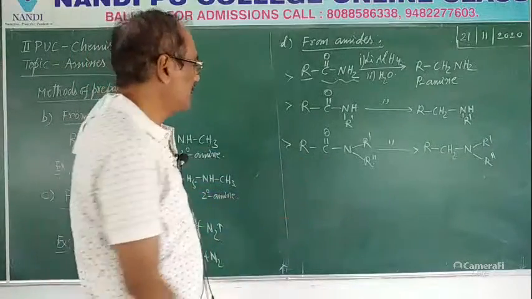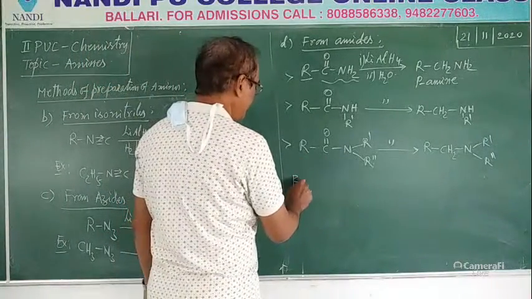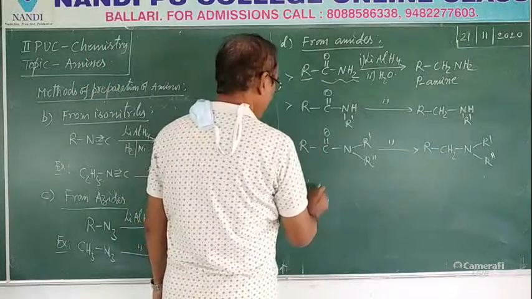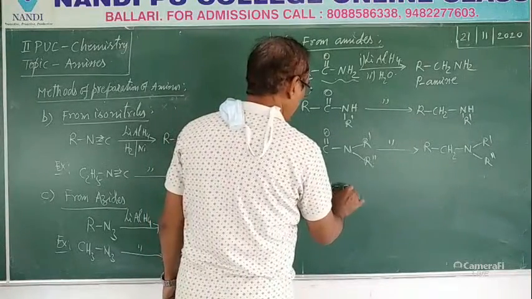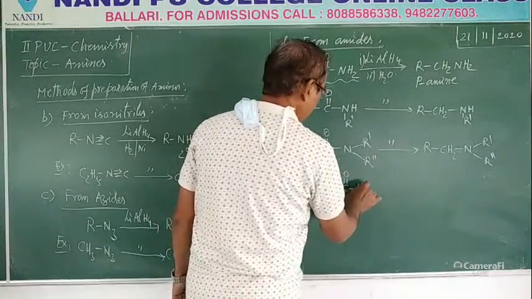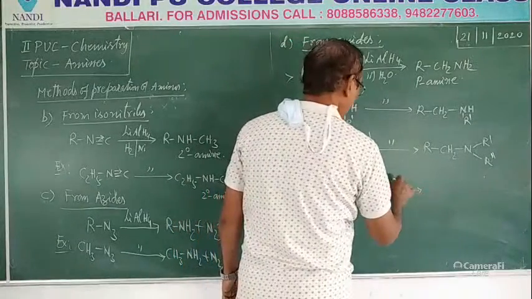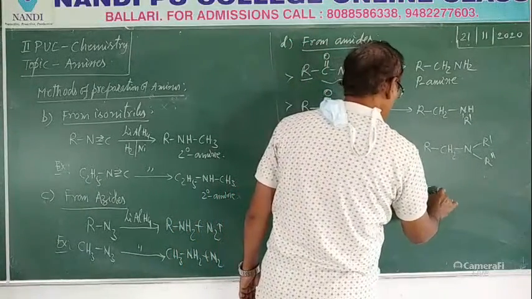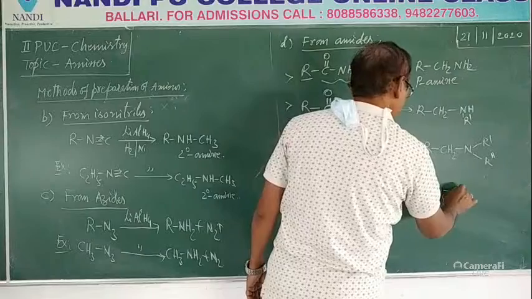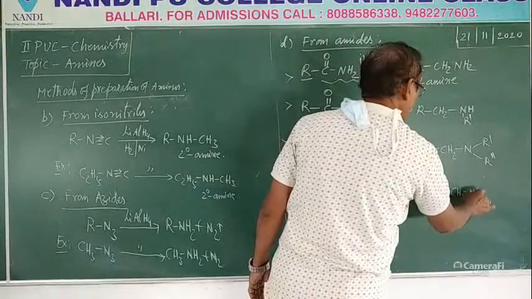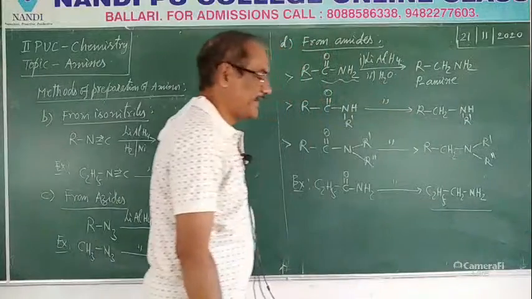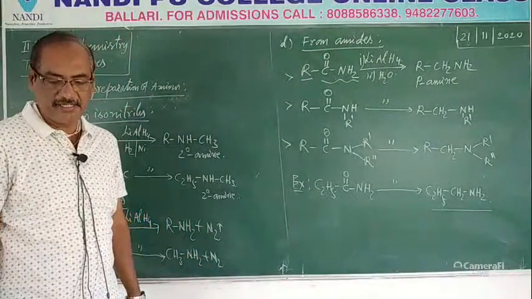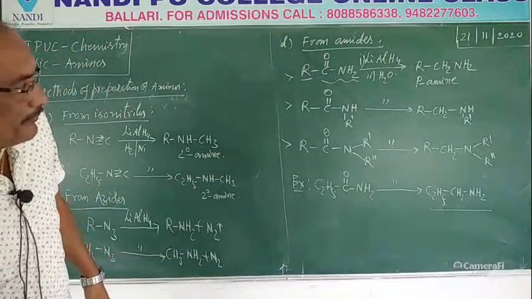Right, children? If I take one general example, suppose I take C2H5 CONH2, then with the same reagent you will get C2H5 CH2 NH2. This is the amine I get. Right, children? This is from amides.